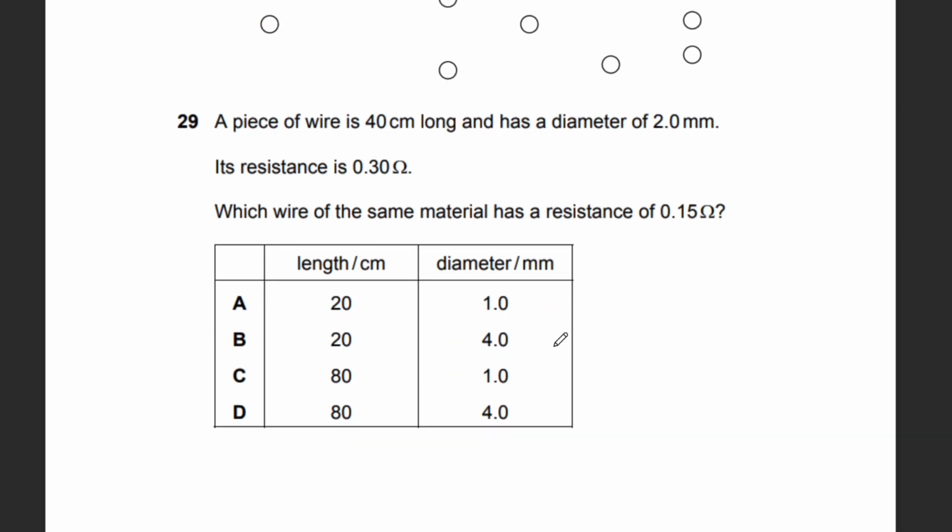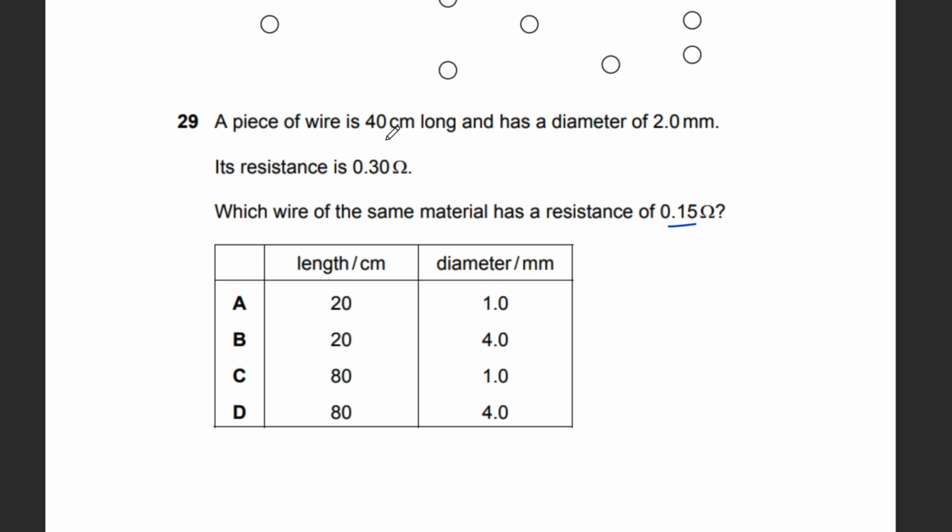A piece of wire is 40 centimeters long and has a diameter of 2 millimeters. Its resistance is 0.3 ohm. Which wire of the same material has a resistance of 0.15 ohm? So it wants to decrease the resistance by half.